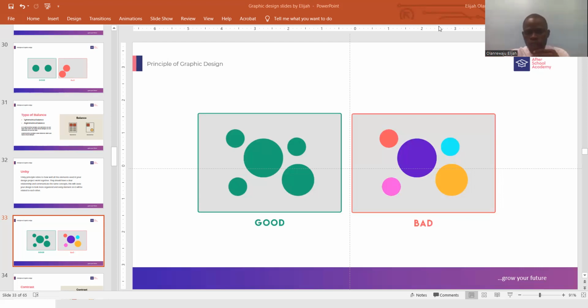Very clear. And another thing is that before they can unite, everything must unite together. The size of the shape, the size of the other elements, the background color and the foreground color must agree together.